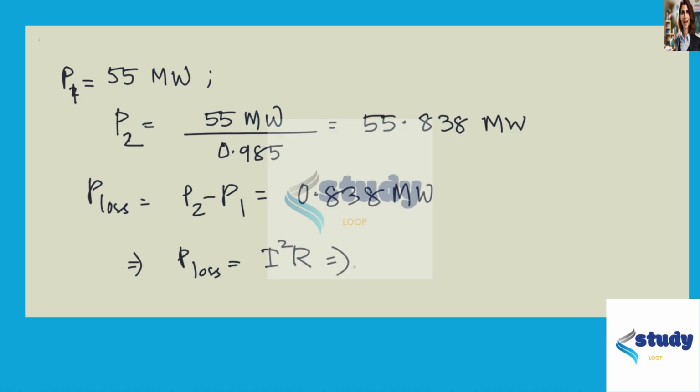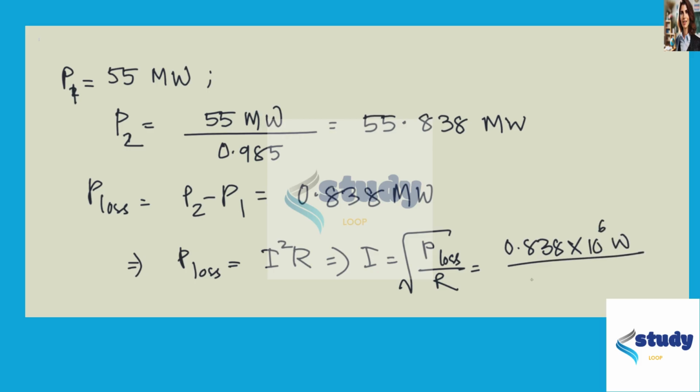So this means that I will be equal to the square root of power loss over the equivalent resistance. So now we substitute the values, making sure that our units are consistent, and the equivalent resistance is twice the resistance of each transmission line.